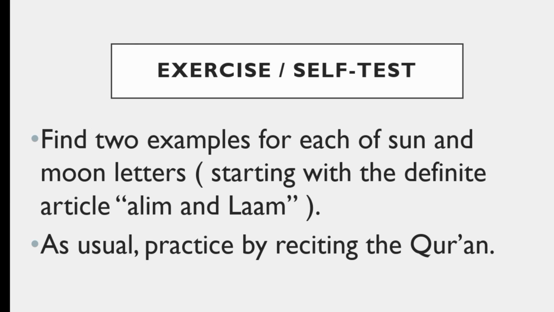As usual, practice by reciting the Quran. We've been talking about a lot of rules, the basic knowledge of Quran recitation, and you're almost through with that. So before we move on to the advanced one, you have to practice this first. Make sure you practice reciting the Quran always. You can even spell it out, like alif fatha lam sukun ha fatha, then al-ha, Alhamdulillah.